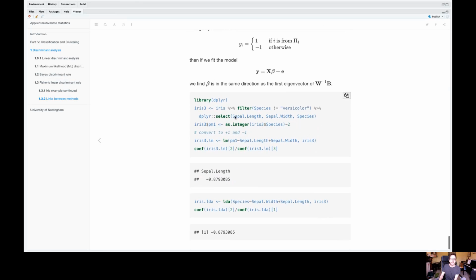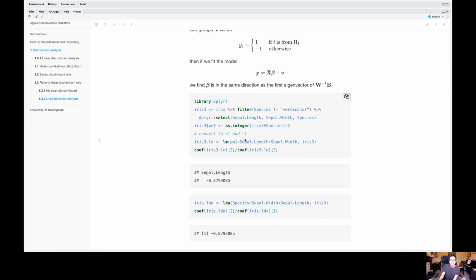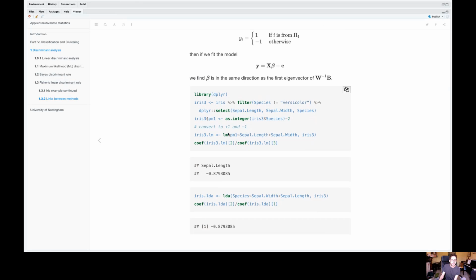So if we check this with the iris data, I've coded up an indicator y here that is just either +1 or -1, depending on whether you're species virginica or setosa. And then I've fit the linear model that says predict this vector y using the sepal length and sepal width.